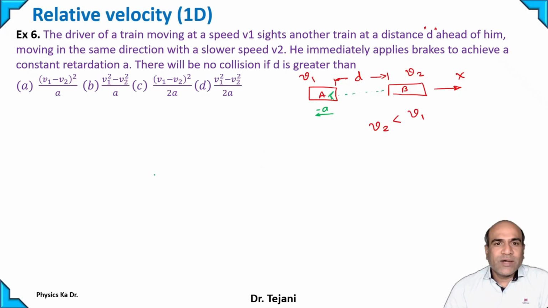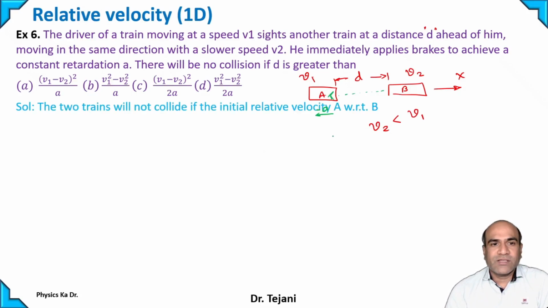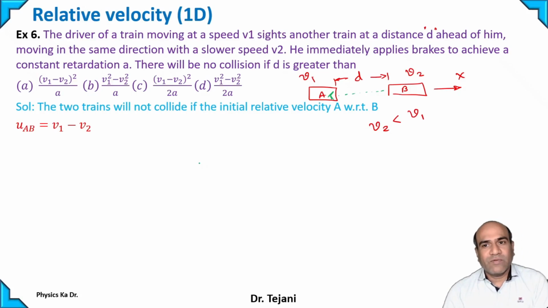Great. So what is given first? See, the two trains will not collide if the relative velocity of A with respect to B becomes 0. If there is no relative velocity at the time when they both meet, they simply become v1 equal to v2, so at that time there is no collision.